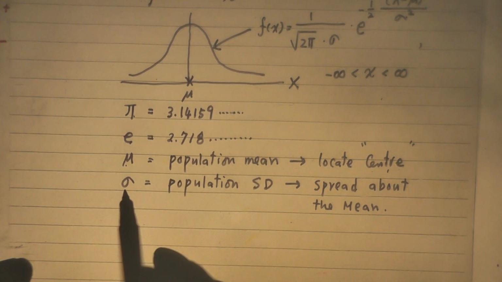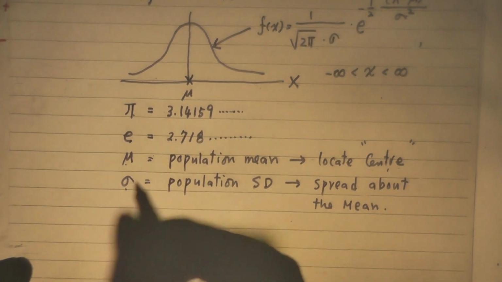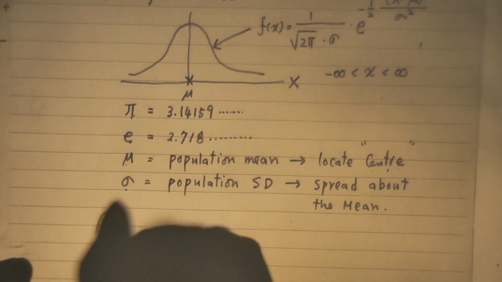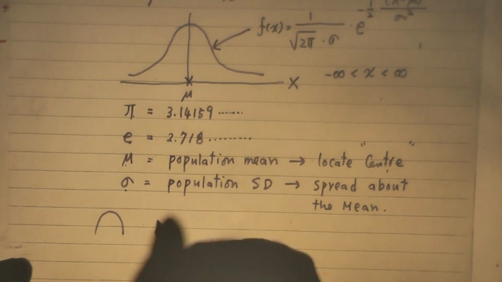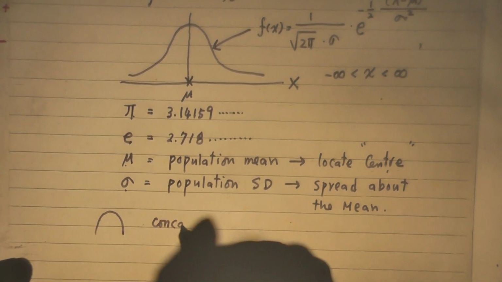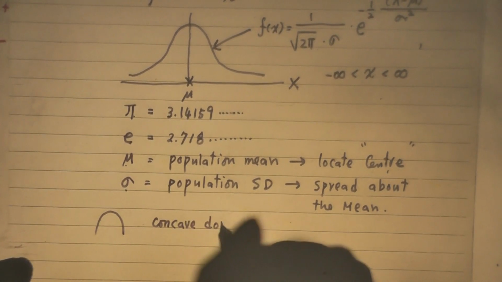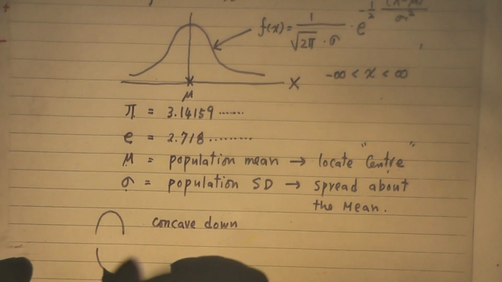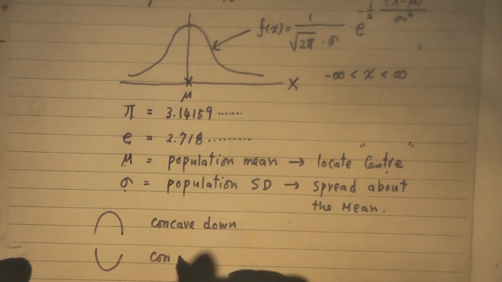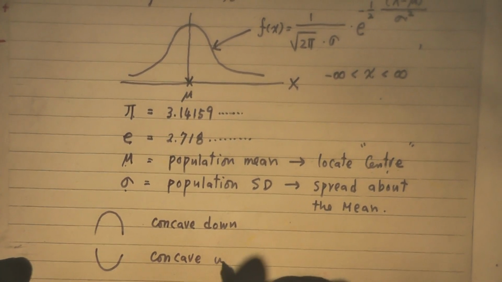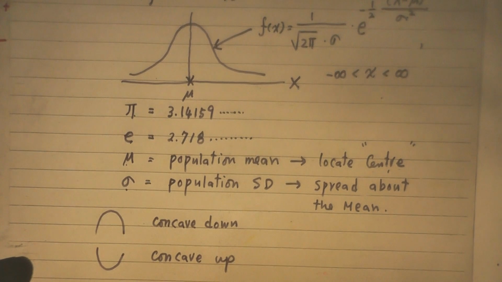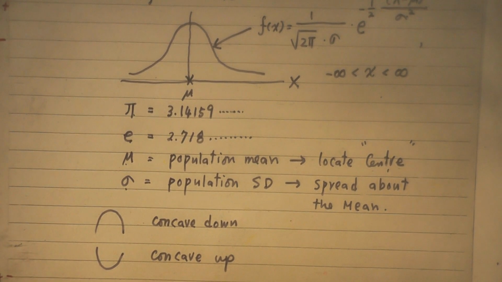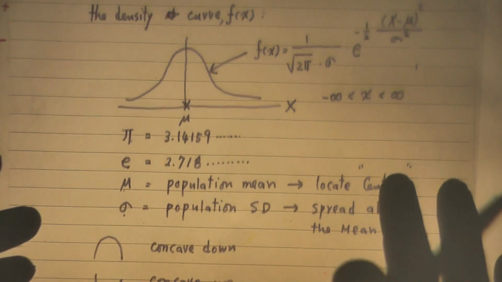Next, I'm also going to give you a physical interpretation of sigma. If you have learned calculus, you know this kind of curve we call concave down, and a curve that looks like this we call concave up. In a normal curve, we have both of them. So look at here.